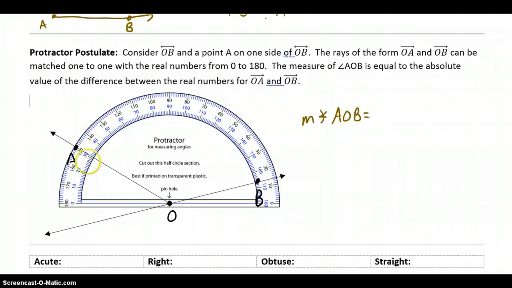Doesn't matter which I pick as long as I'm consistent when I go all the way around to ray OB. So I'm going to pick this top row. Ray OA is at 149 degrees, and ray OB is at 14 degrees. So to find the measure of angle AOB, I need to subtract those two numbers.